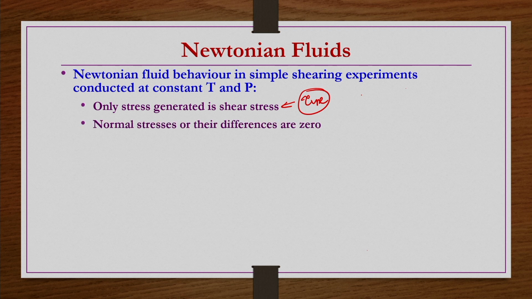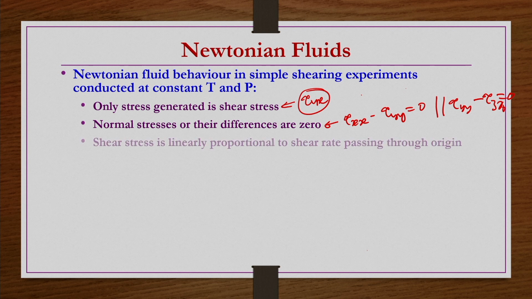So, normal stresses or their differences are 0, because in general tau x x, tau y y are also possible. So, identically they are 0, or their difference is also 0: tau y y is 0, tau z z is 0, or their difference is also 0. So, that is another characteristic of the Newtonian fluid, right.